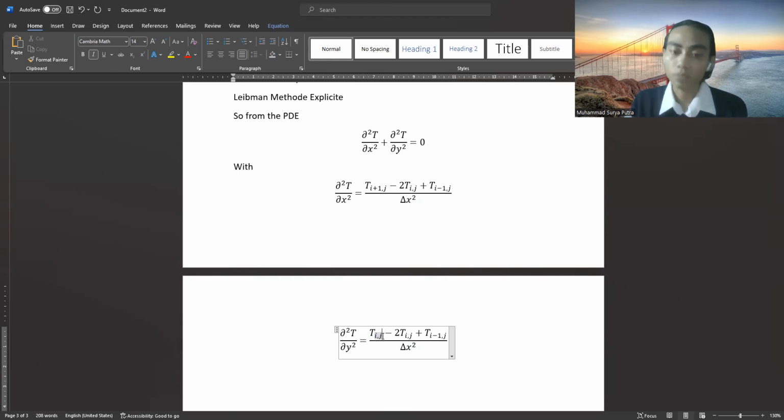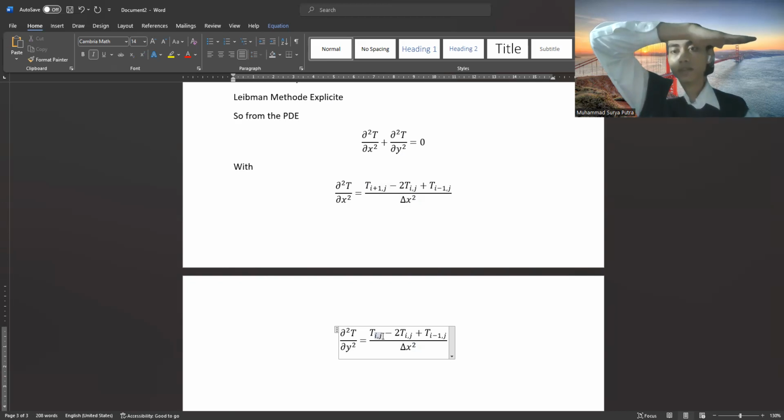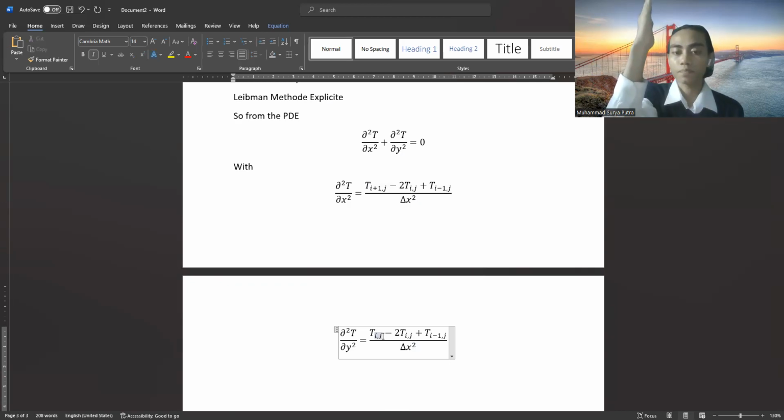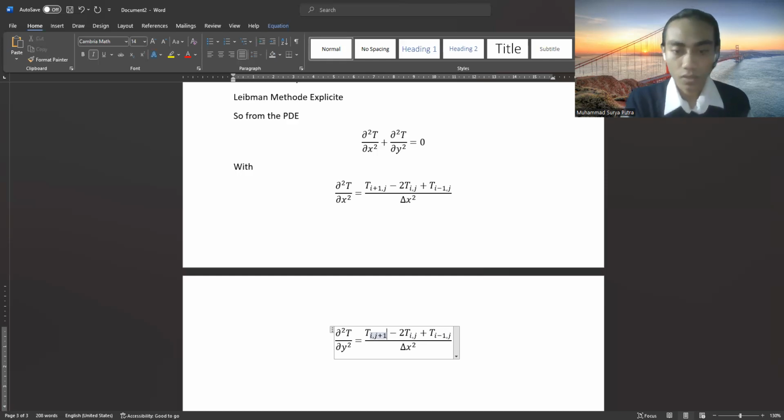So j is a column and y represents the column, because j is horizontal and the vertical is x. So the same here, j minus 1.